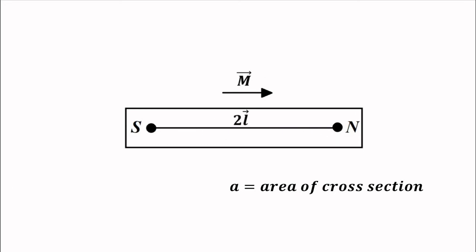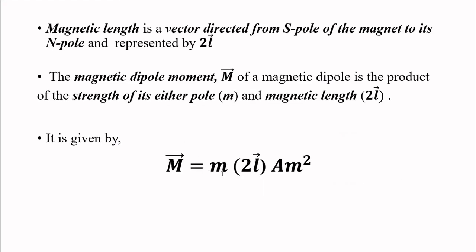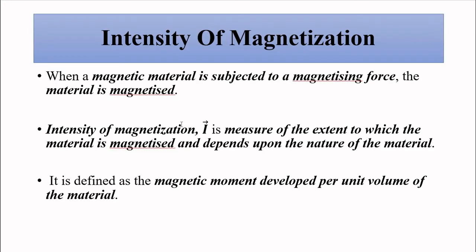This is a very simple representation of a magnetic dipole, where the magnetic dipole moment is the product of the pole strength m multiplied with the magnetic length 2L vector. Intensity of magnetization basically is the magnetic moment developed per unit volume of the material.